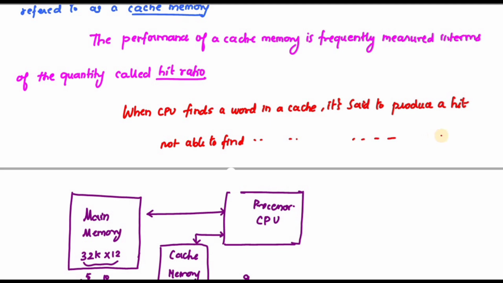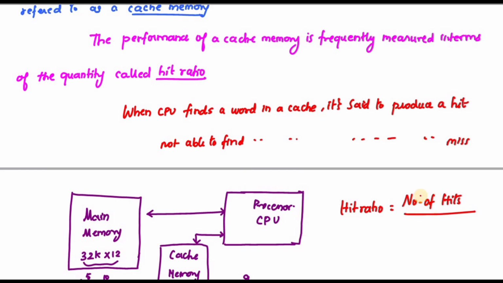Generally, the performance of the cache memory is frequently measured in terms of a quantity called the hit ratio. Whenever the CPU finds a word in the cache, it is said to produce a hit. If the CPU requires some data and the data is present inside the cache, then it is said to be a hit.